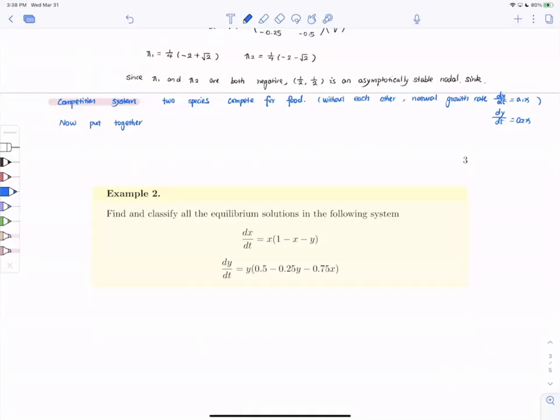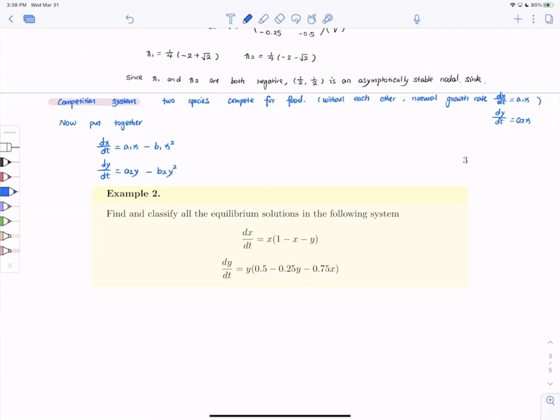So now dx/dt equals a1x minus b1x squared, and dy/dt equals a2y minus b2y squared. They have really similar forms. Wait, why are they both x? Sorry, it should be y. Now it's correct.